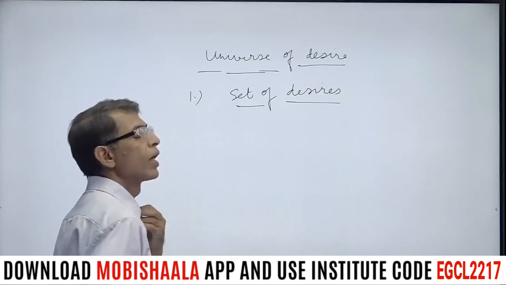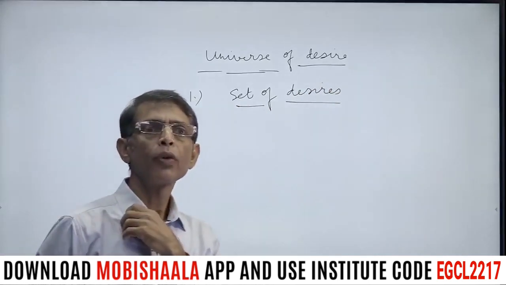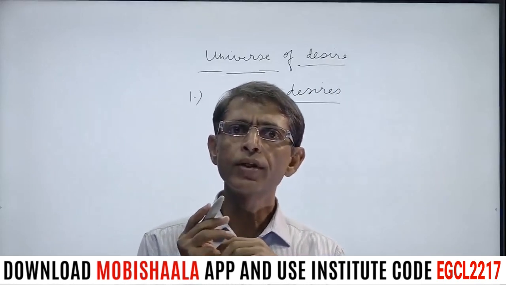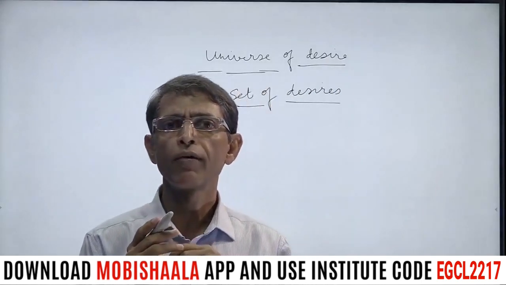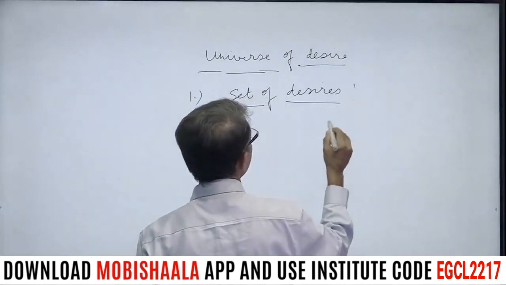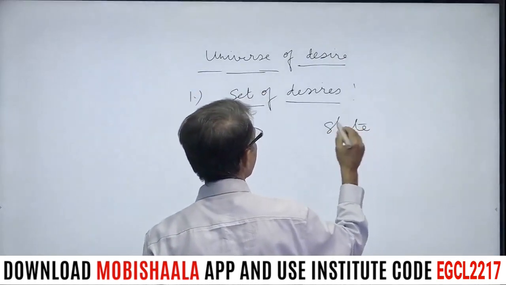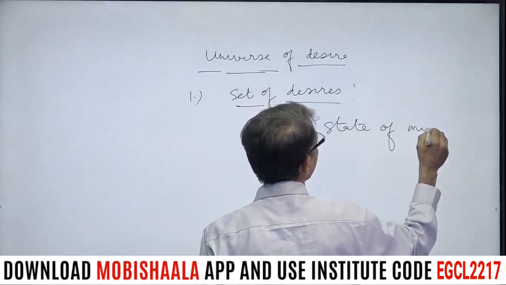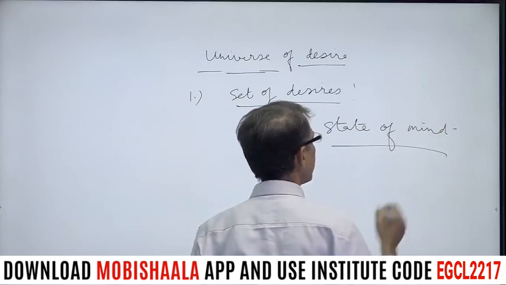And the very interesting thing about this set of desires is that a man does not always live in the same state of affairs. This set of desires depends on his state of mind, in what kind of state of mind he lives.